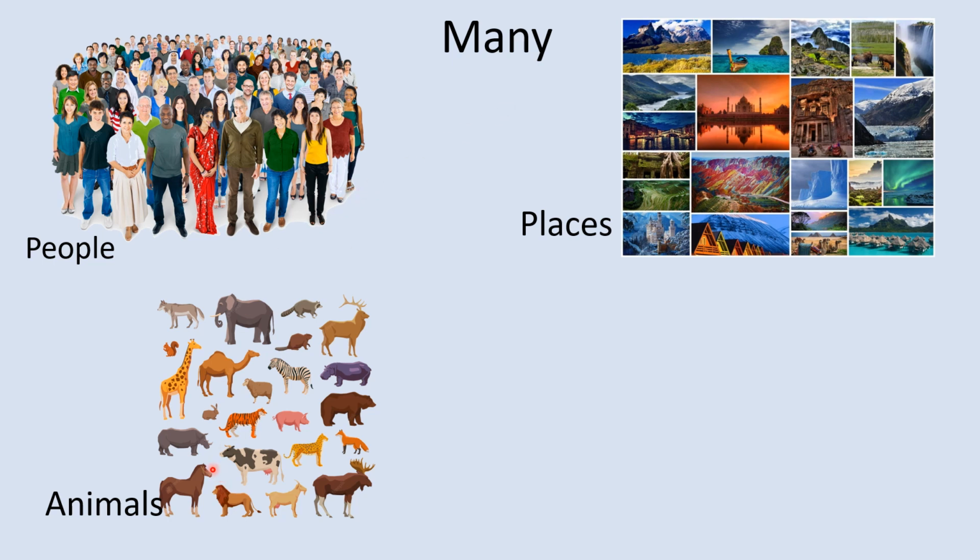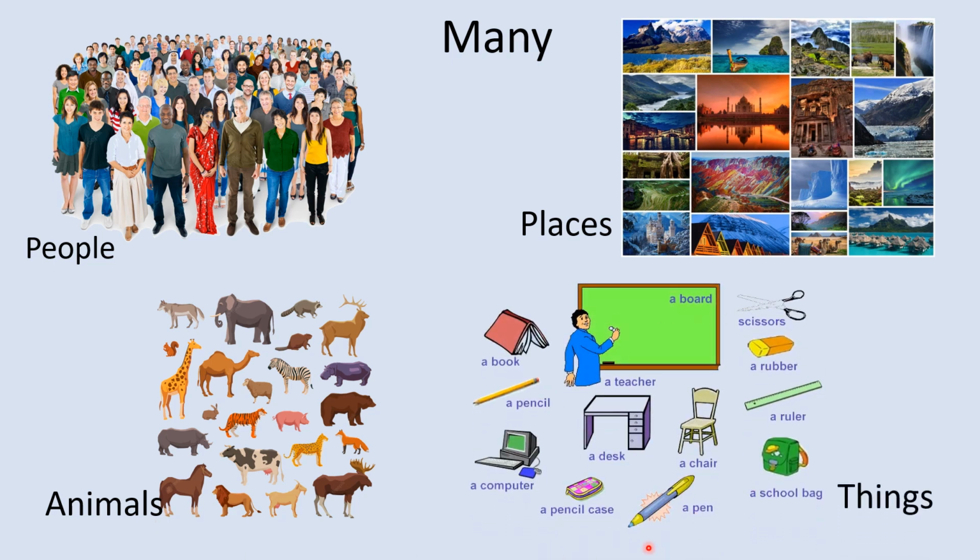How many animals can you see? So the word many is also used for animals, which is in the plural form. For things, when we talk about many things, we use the word many for plural nouns.